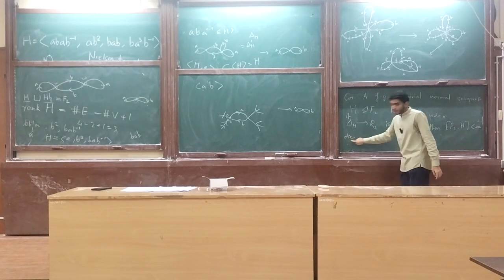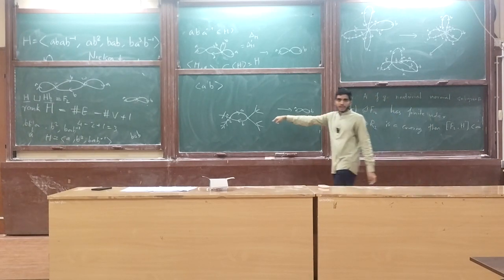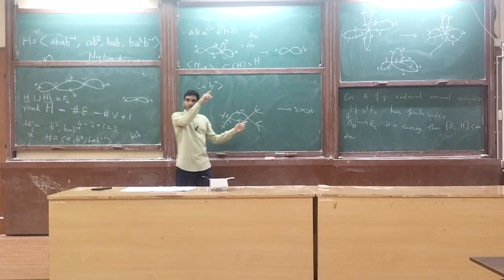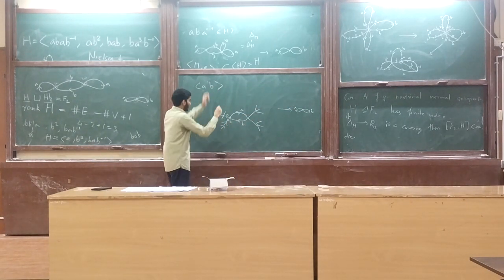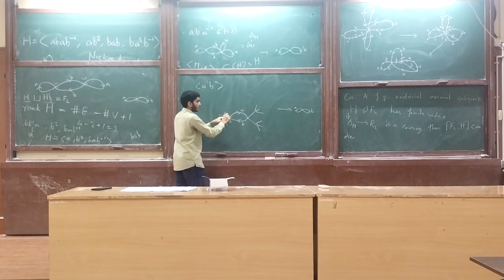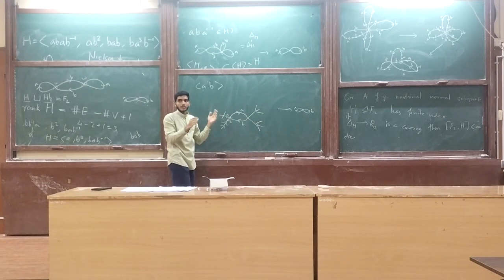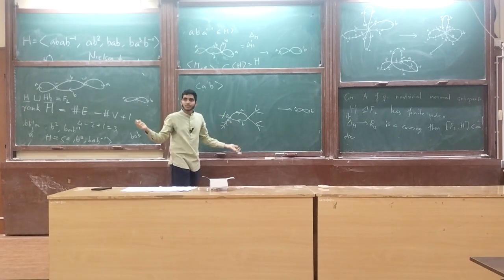So now if it is not a covering, then I can promote it to a covering. But now, since the subgroup was normal, the covering has to be vertex transitive, right? But a vertex transitive covering means now we started out with a graph, right? That graph had loops. This loop was AB, right? So at this vertex there is a loop, but that means I can't take this vertex outside this loop, because if I do, then there is a loop in a tree, but that's not true, right?